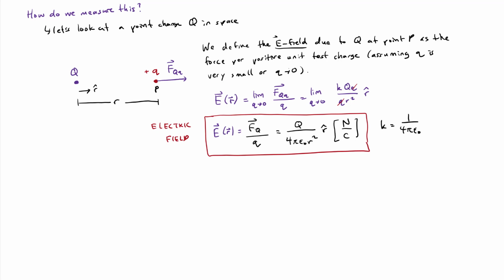The next question I want to ask is, what if there are multiple point charges? So this basically means if I don't just have my test charge, my charge capital Q over here, what if I had Q1, Q2, Q3, and I had to figure out the electric field at a point P away from all of that?